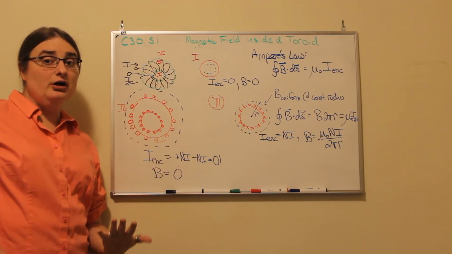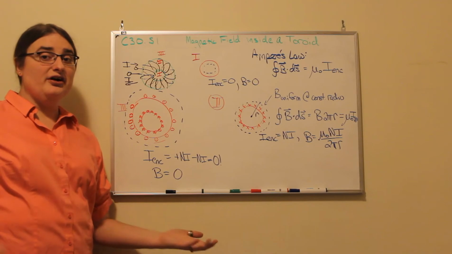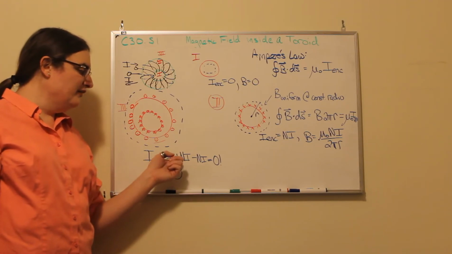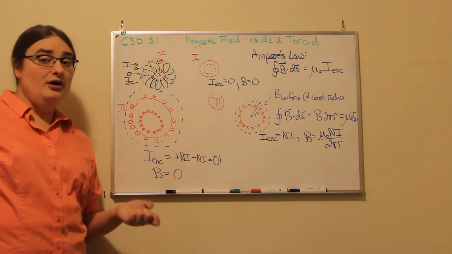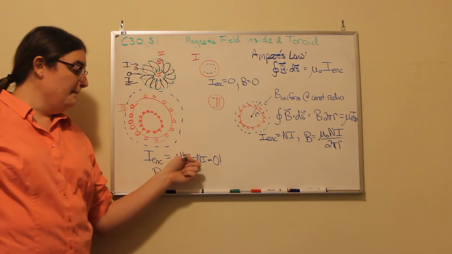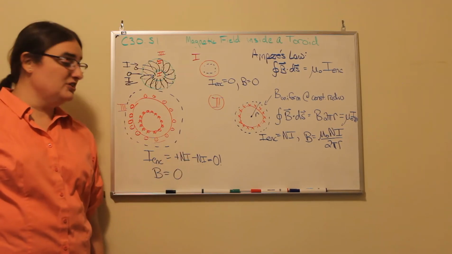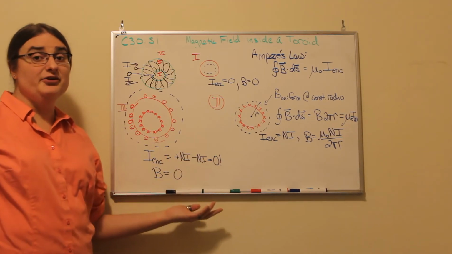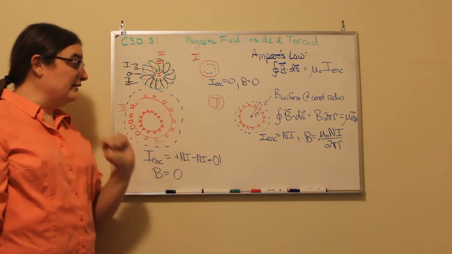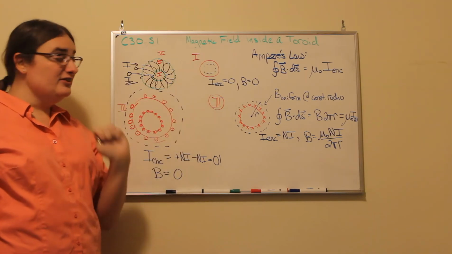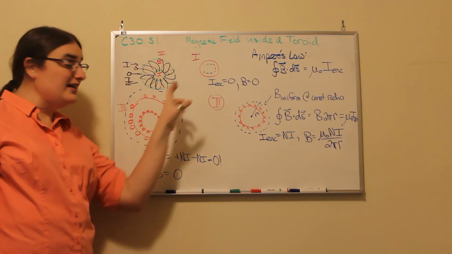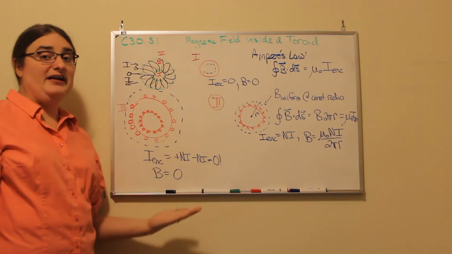And in terms of current, those two directions are exact opposites. So if I have positive number of loops times the current minus the number of loops times the current, I get 0 once again. So outside a toroid, inside a toroid, center, inside the hole, I get 0 magnetic field.